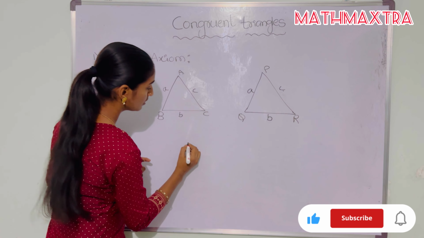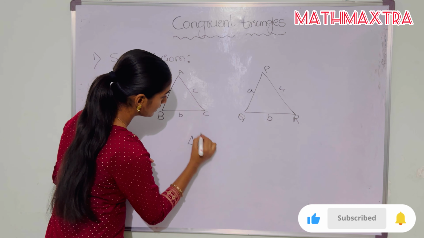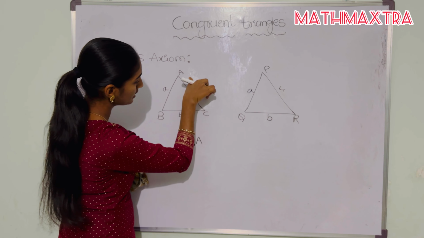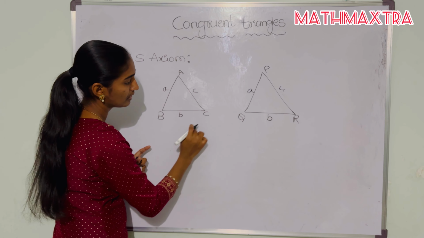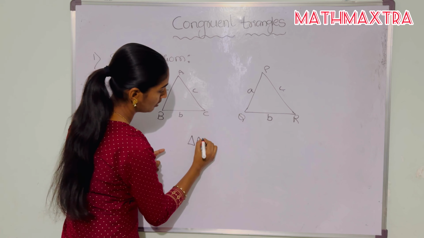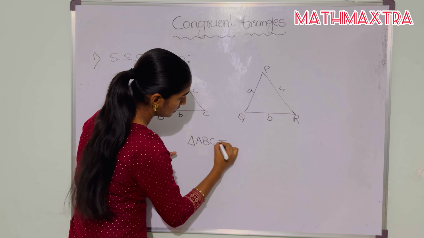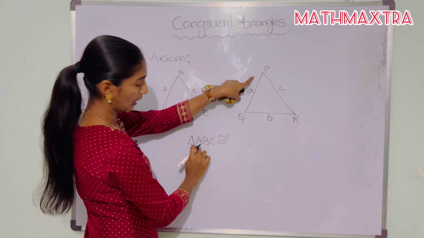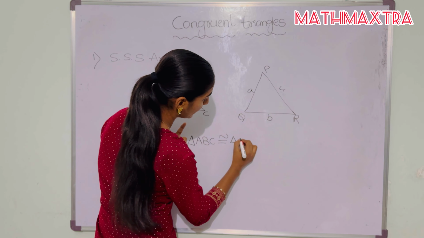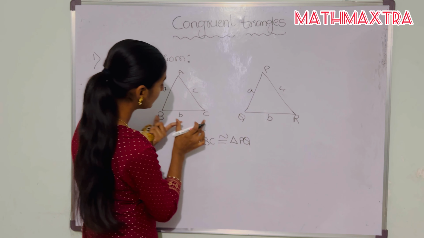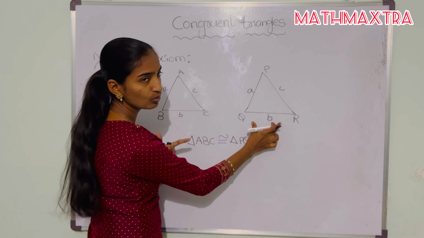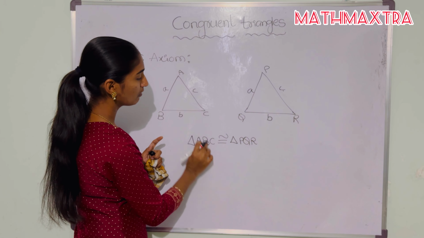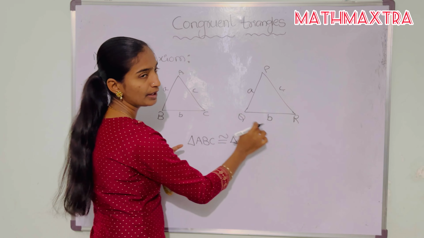Now how do you write the congruency of triangles ABC? This is of A length, this is of B length, this is of C length. So in this sequence I am writing A, B, C. So ABC is congruent to, here the AB side is equal to what? PQ, right? So first you have to write PQ. Then this BC is equal to what? QR. Then yes, PQR. This is the sequence of writing ABC, PQR.